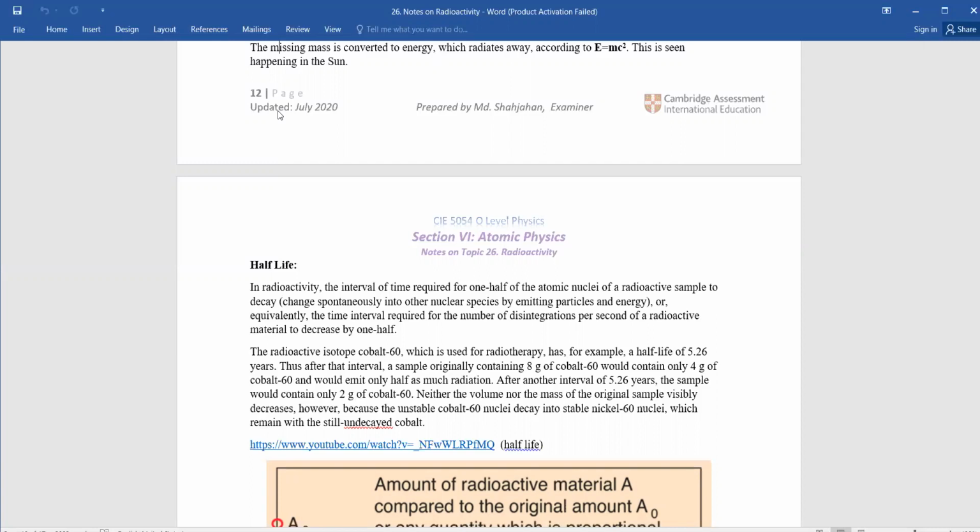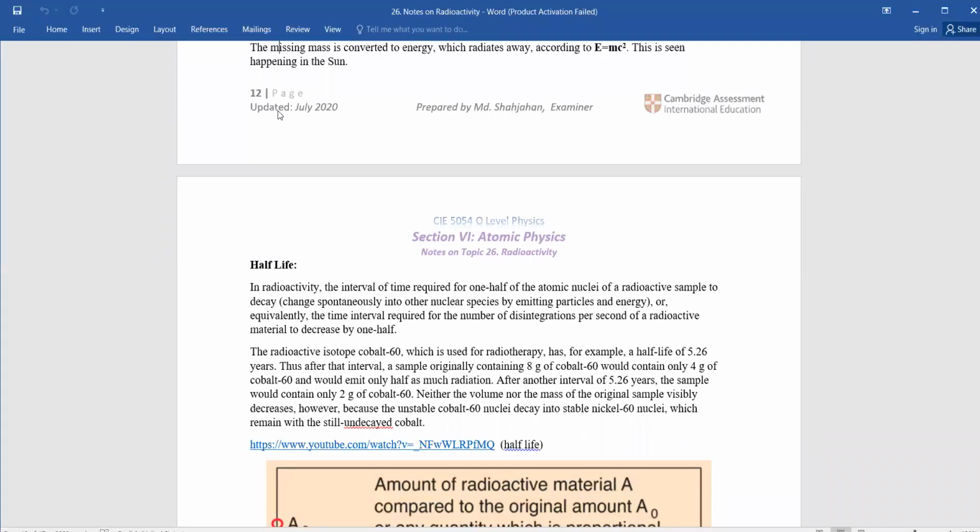In 1 gram, there might be thousands of millions of uranium atoms. So 2 grams will be double. Half of the uranium will emit, so half emissions.